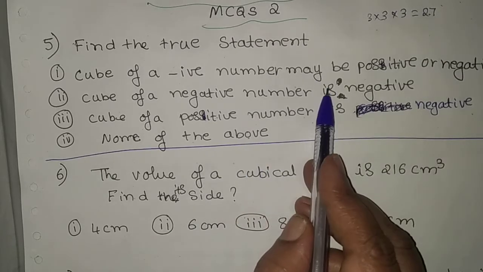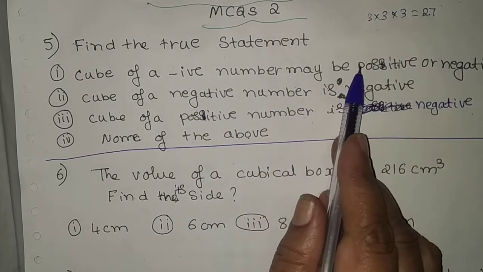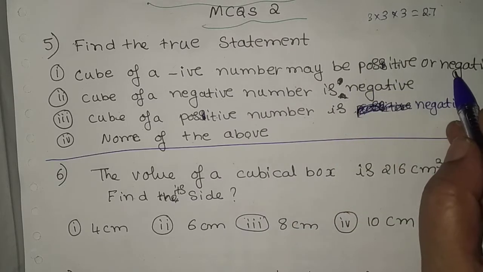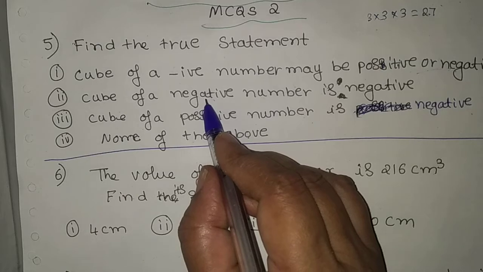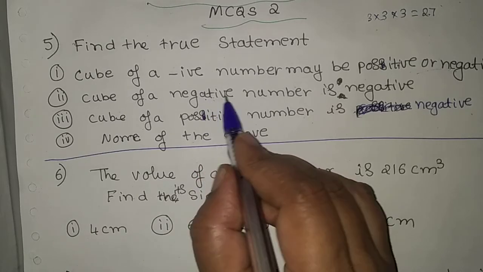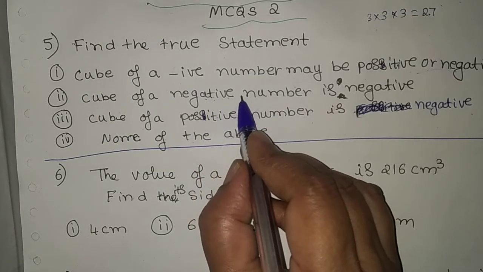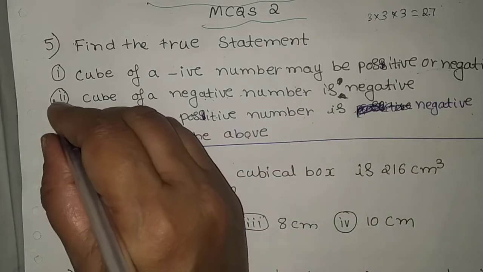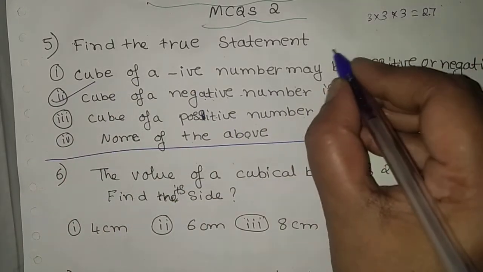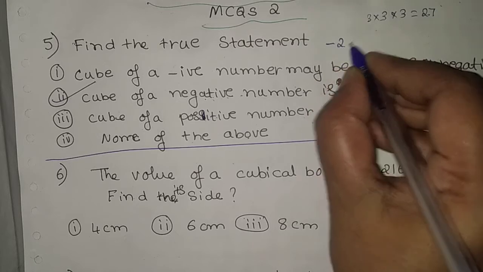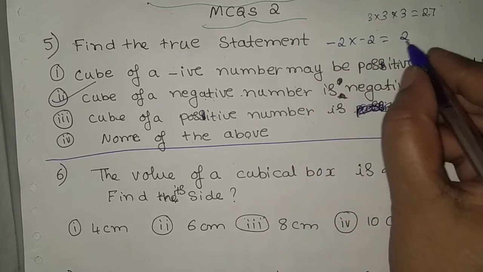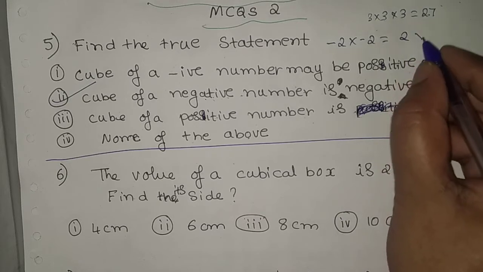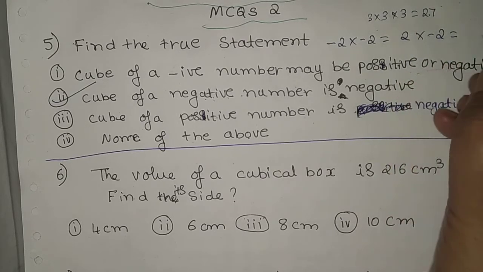So which option is correct? Cube of a negative number may be positive or negative: this one is false. Here, cube of a negative number is negative is correct. As we discussed, consider the example minus 2 into minus 2 will become 4. Again 4 into minus 2 will become how much?